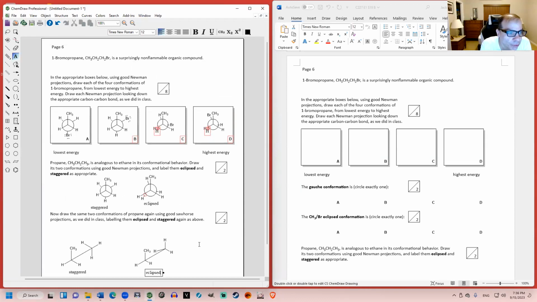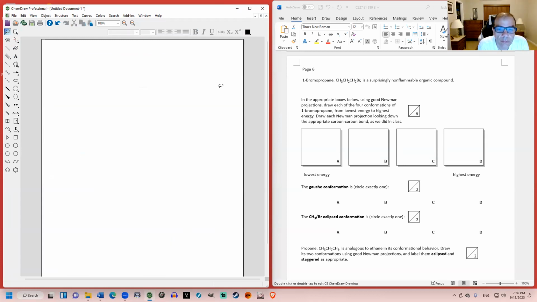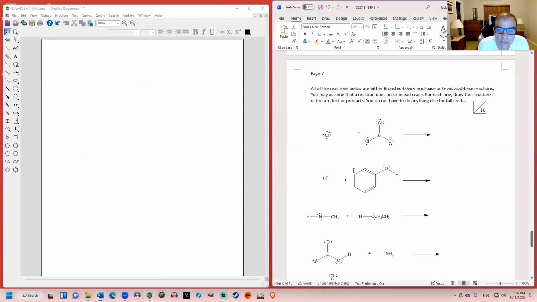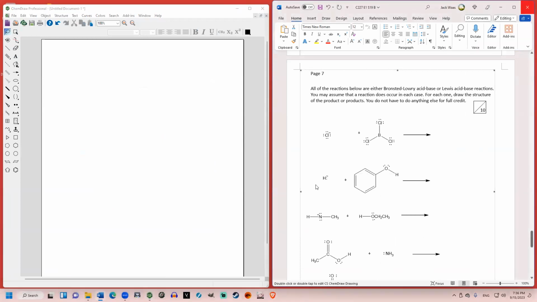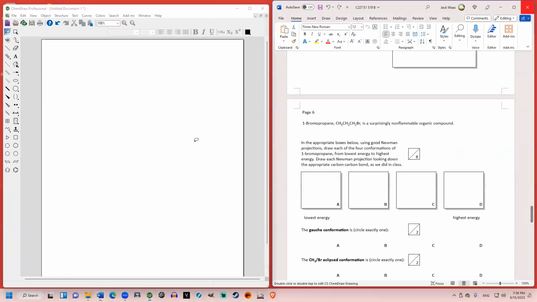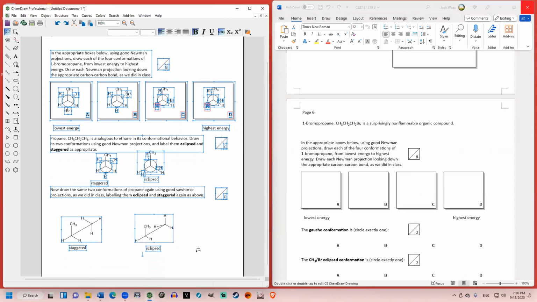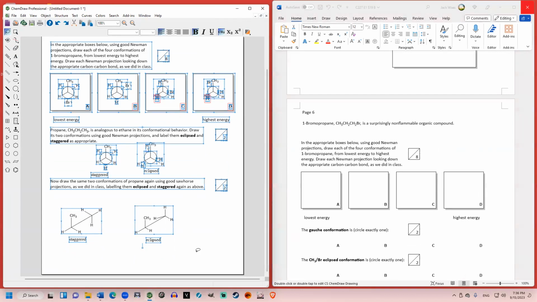Other questions on conformations? But is that the same way you draw the sawhorse projections for all kinds of molecules? Like for the staggered conformation, one would be between two hydrogens, and then if one's right behind another, they'd both be pointing up, both pointing down, or just the way you drew it right there.